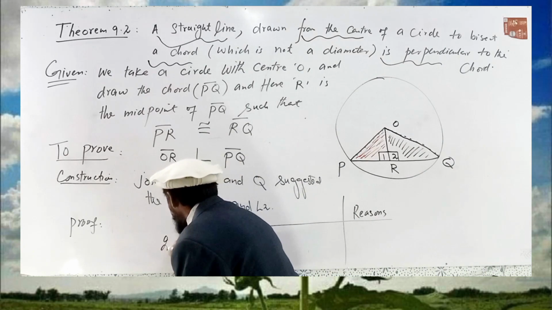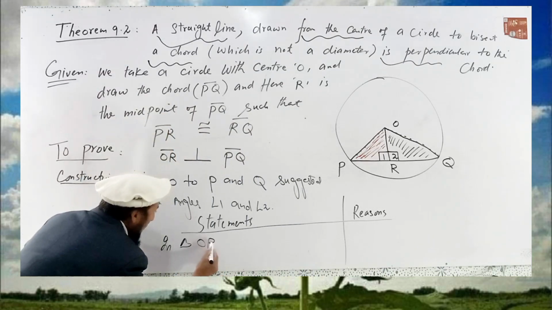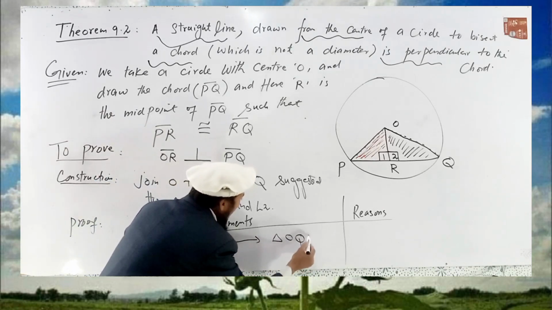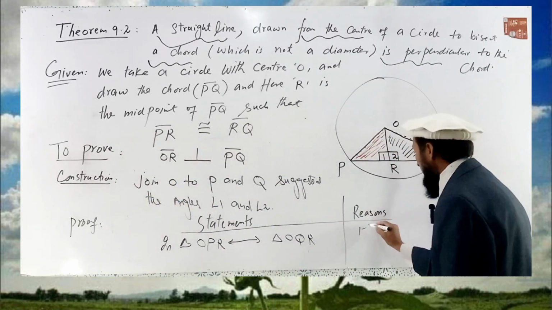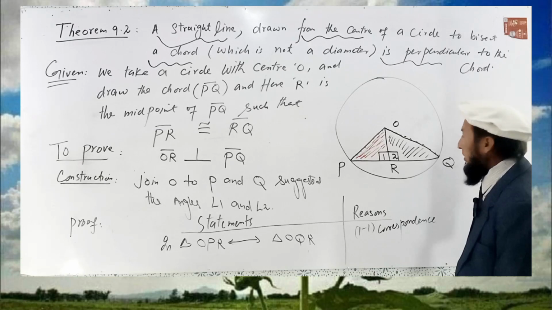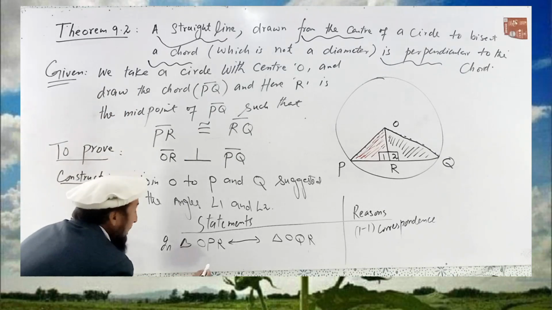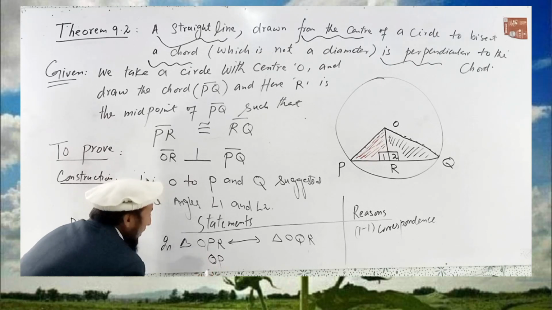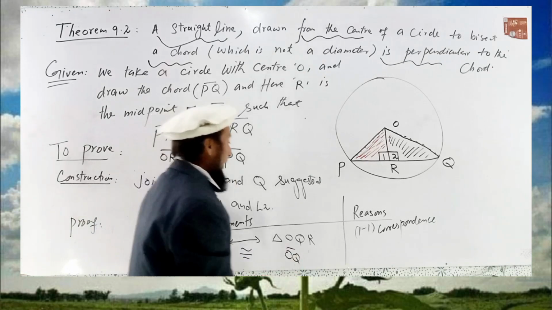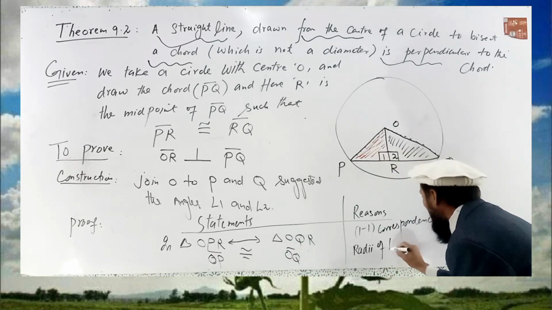So, in comparison of triangle OPR and triangle OQR, one to one correspondence: OP is congruent to OQ, radii of the same circle.